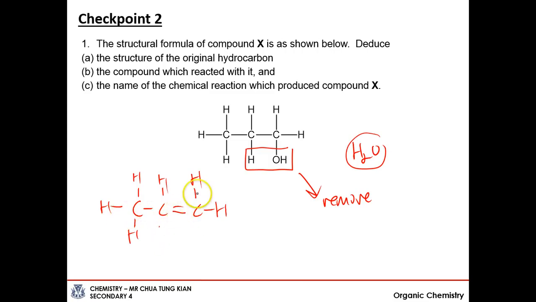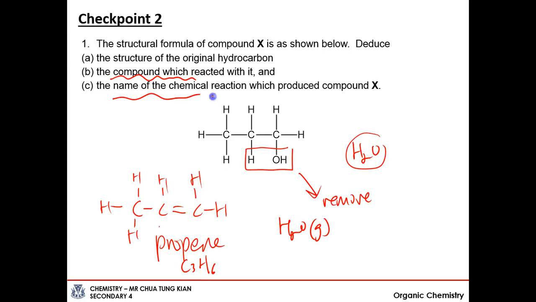This is 1, 2, 3 carbons, so this is called propene, C3H6. The compound which reacted with it would be H2O, gas or steam, and the name of the chemical reaction will be steam addition. We can also call this hydration, because you're adding water, so hydration reaction.